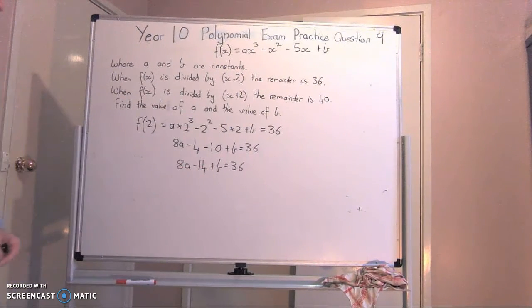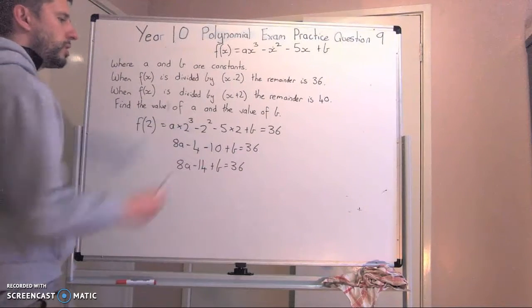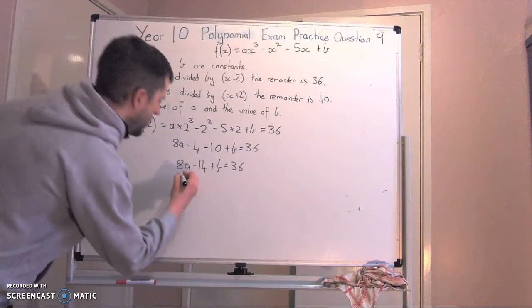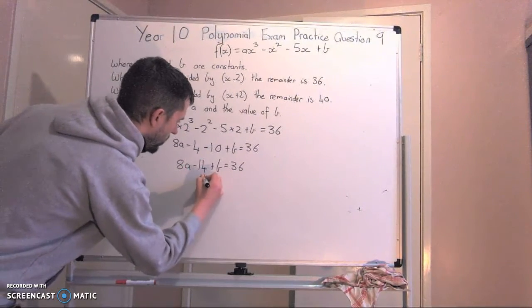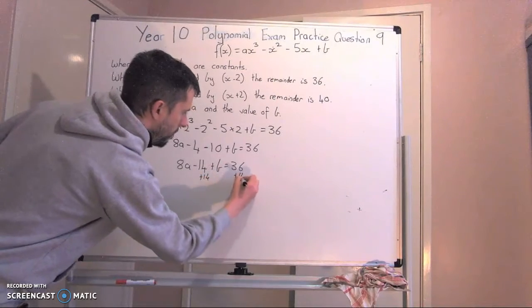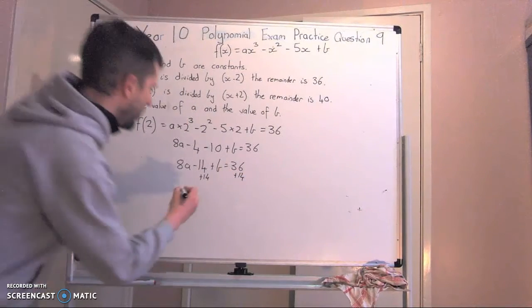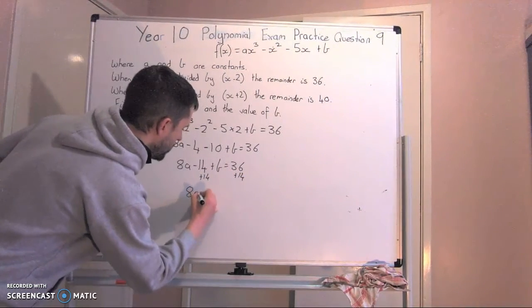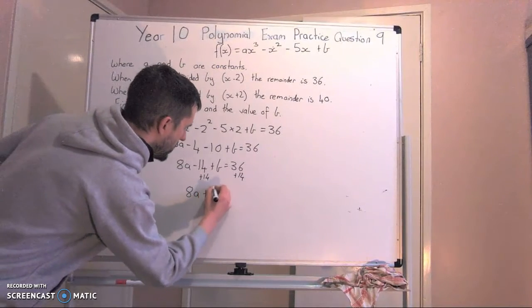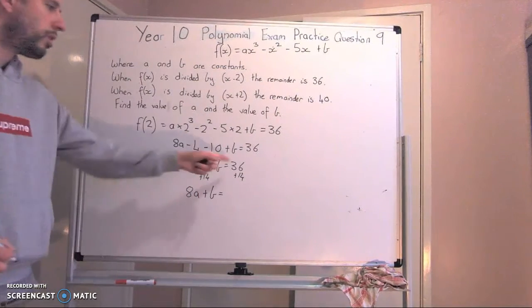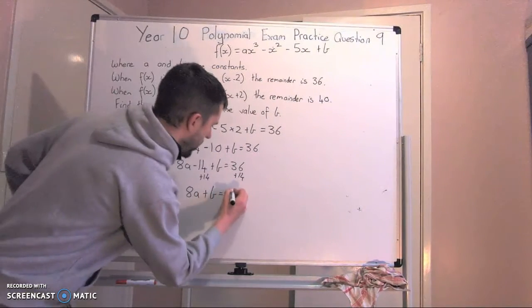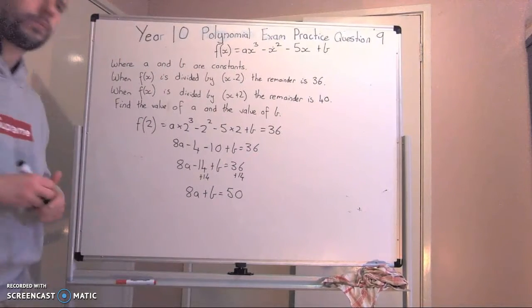The next step is I am able to add 14 to both sides to get the constants onto one side, because the equal sign means equivalent. That leaves me with 8a plus b is equal to 36 plus 14, which is 50.